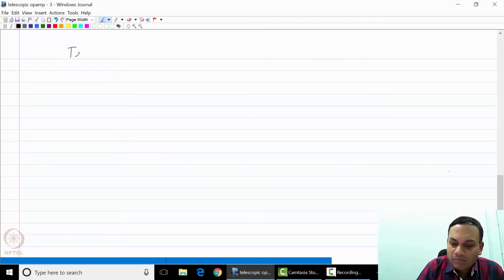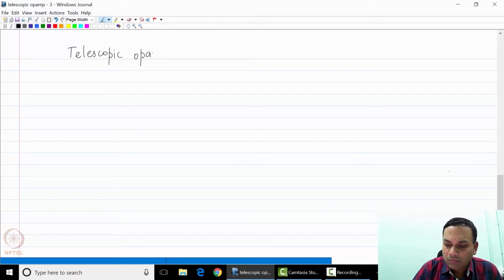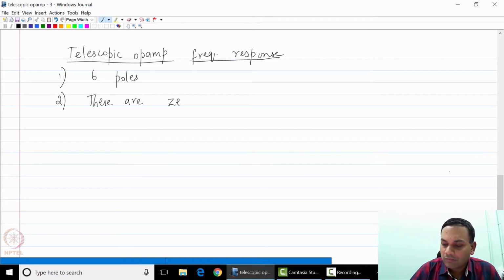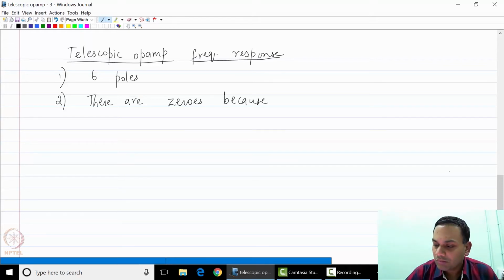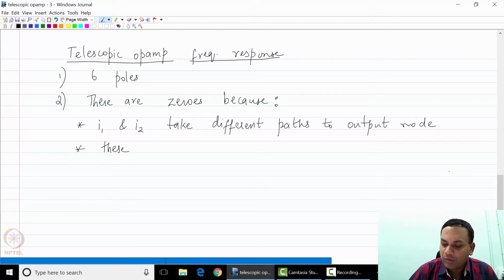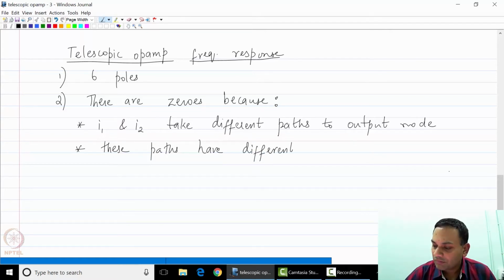So in the telescopic op-amp frequency response, we note that there are 6 poles and there are zeros because I1 and I2 take different paths to the output node, and more importantly, these paths have different phase shifts that are frequency dependent.